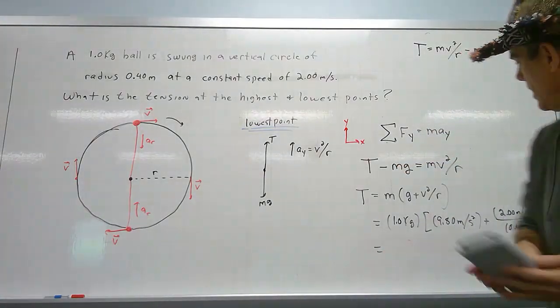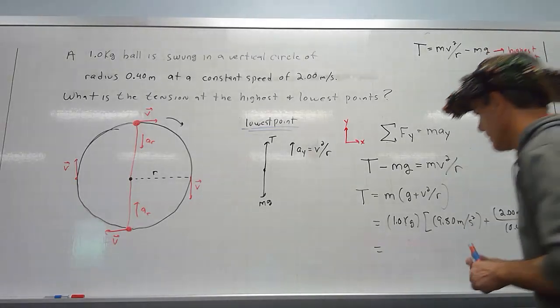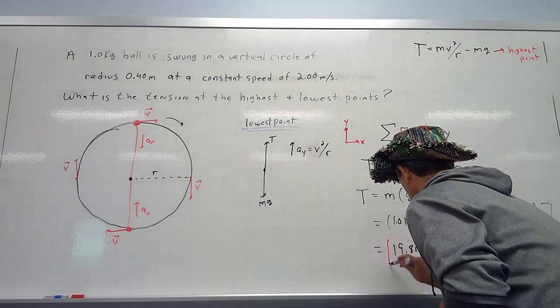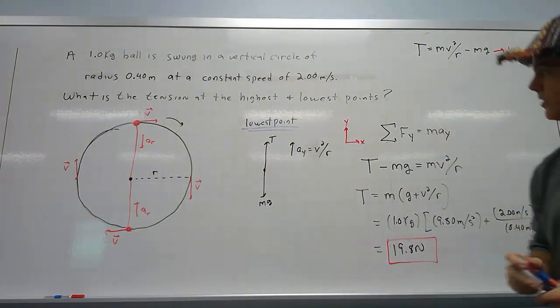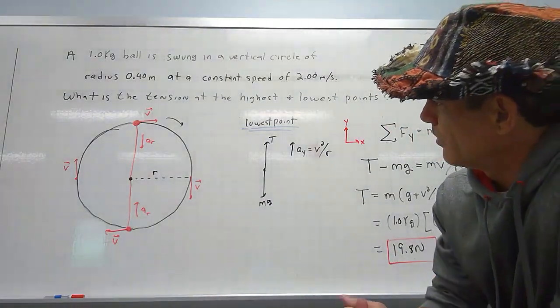Plugging everything into our handy calculator, 4 divided by 0.4, 10 plus 9.8 times 1. What we get is tension is 19.8 newtons. So, tension is much bigger at the lowest point, and smallest at the highest point.